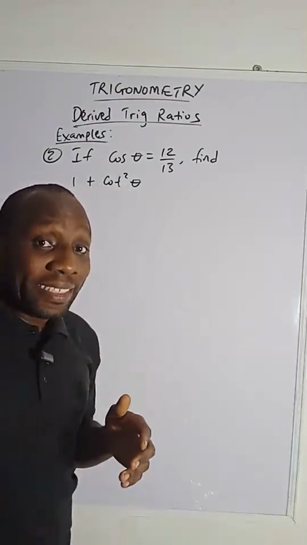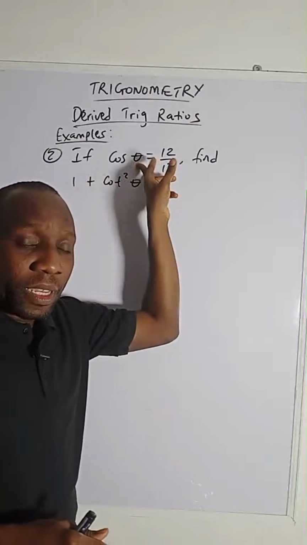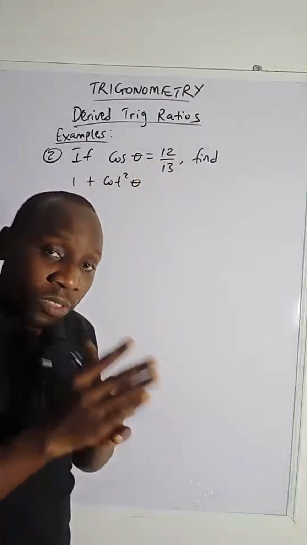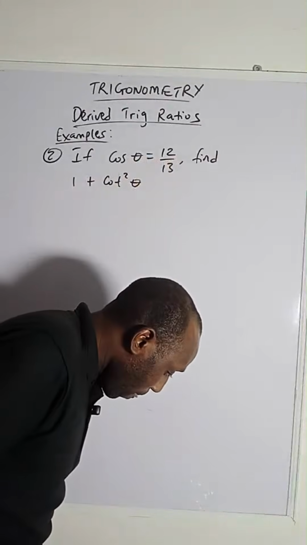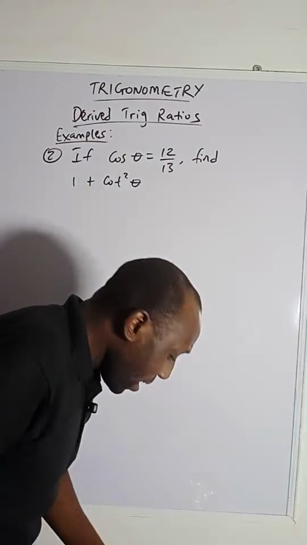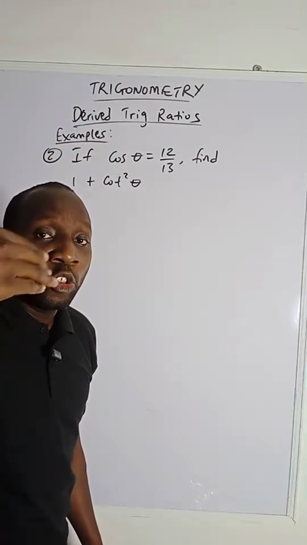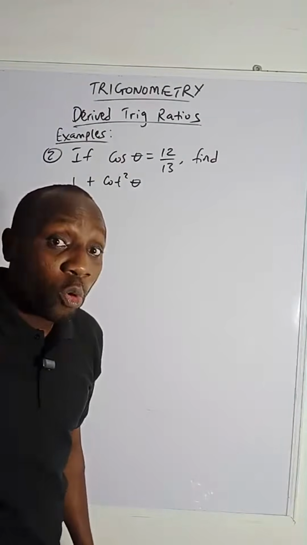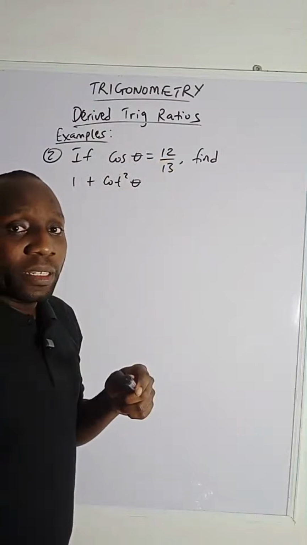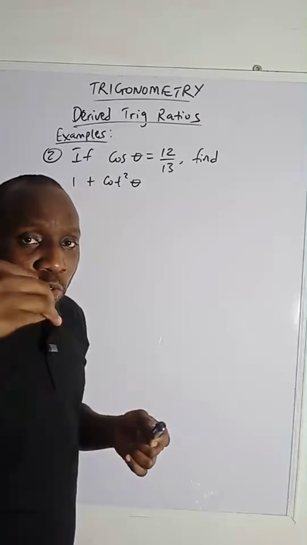And we can get tan from what cos is here. Like I did in example 1, I'm going to draw a right angled triangle. Theta is just a Greek symbol that we usually use to represent the angle. It's not the angle in itself, but it's just used to represent the angle.